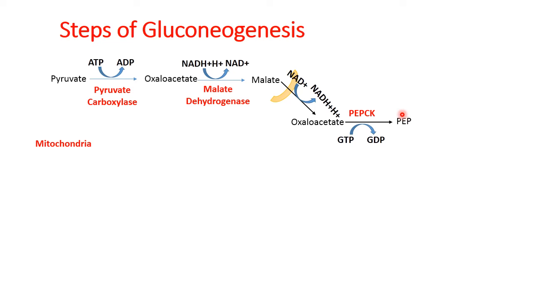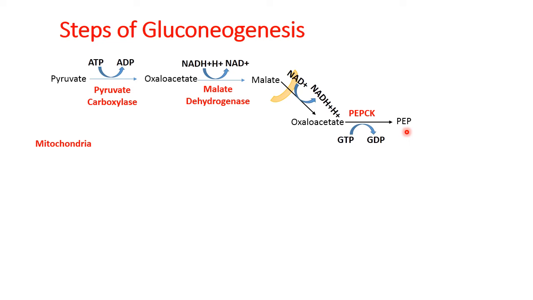Here GTP will get converted to GDP. Now, the first irreversible step, if we consider glycolysis from the terminal end of pyruvate, has been taken care of. We have got phosphoenolpyruvate.